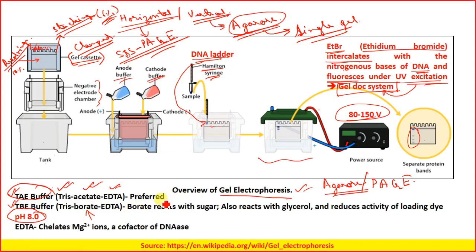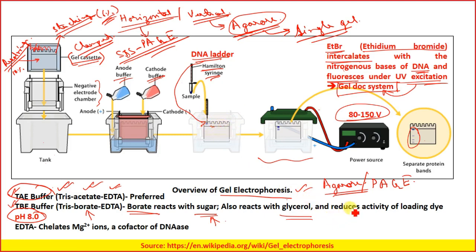Why is TAE preferred over TBE? This is because the borate reacts with the sugar molecules of the nucleic acids, and that is one of the reasons. The second is that it also reacts with the glycerol, which is added into the sample to keep the nucleic acids within the wells.